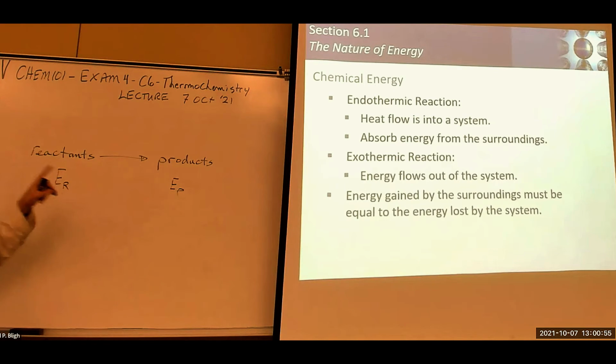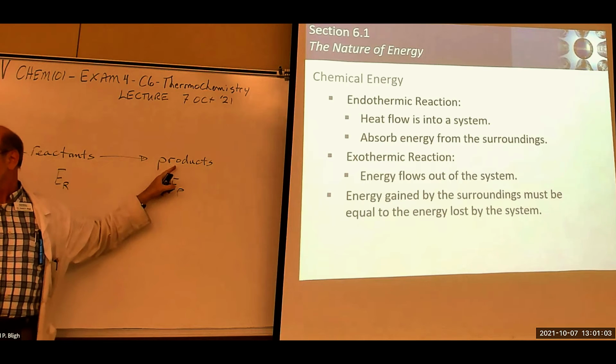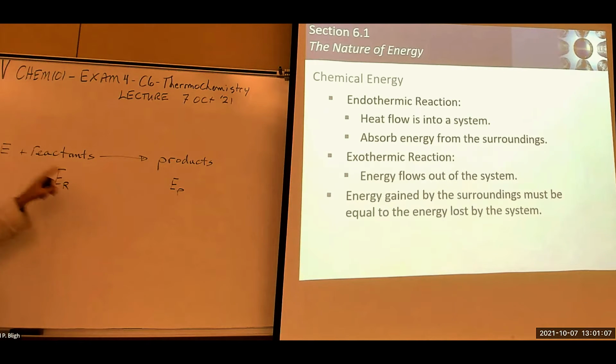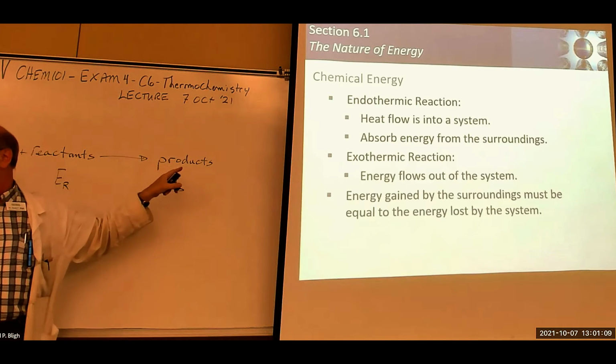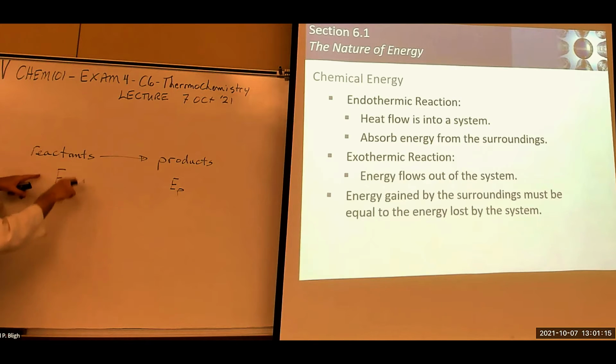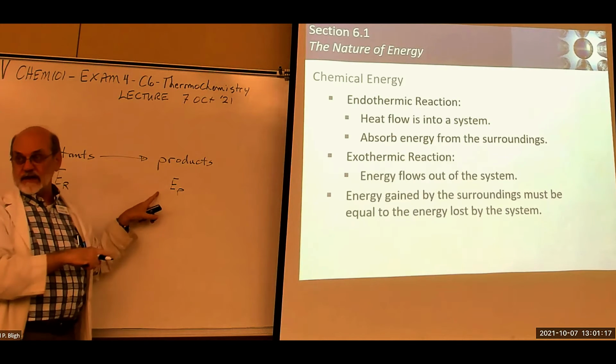So if we do it that way, then energy becomes a term on this side. We add that energy in here, and now it's stored in these bonds. That's an endothermic reaction. We put energy in, now it's stored over here. The other possibility is energy in these bonds is greater than it is in these.